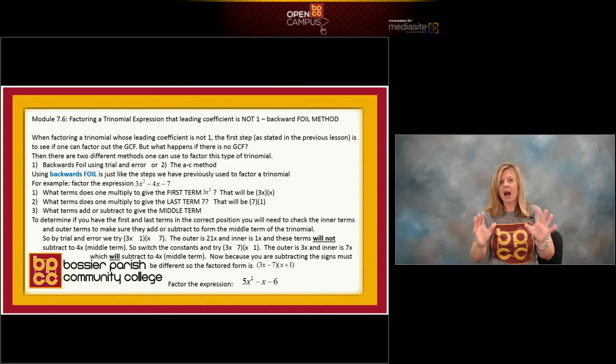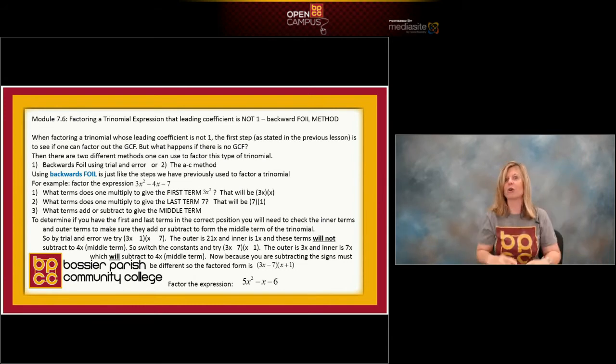I think of backwards FOIL just like we've been doing with the easy trinomials. When I factor a trinomial, I always put 2 sets of parentheses, and I always write FOIL above it. So who is our first term? It's 3x squared.